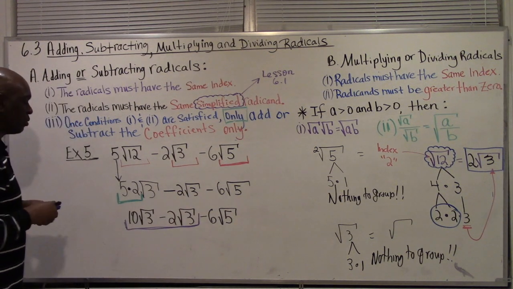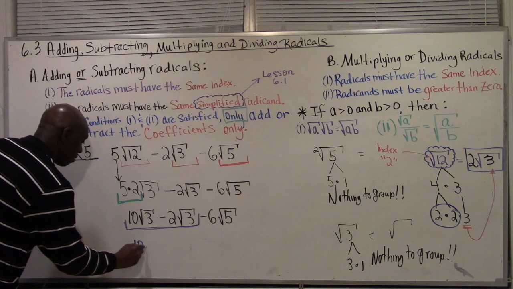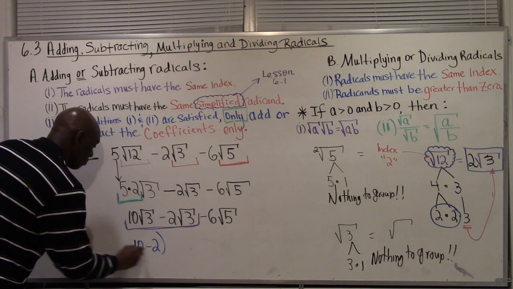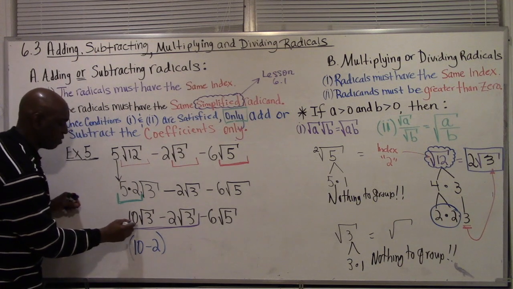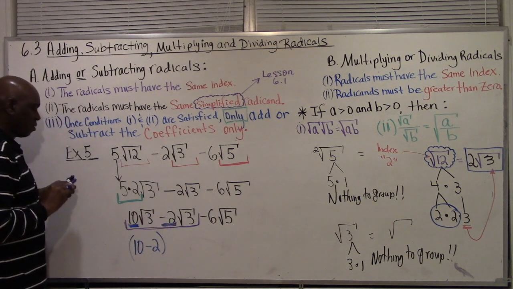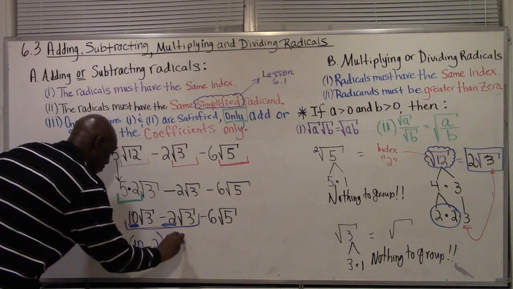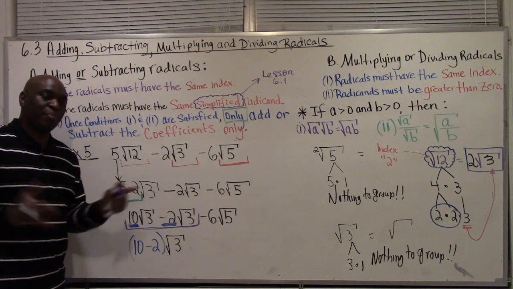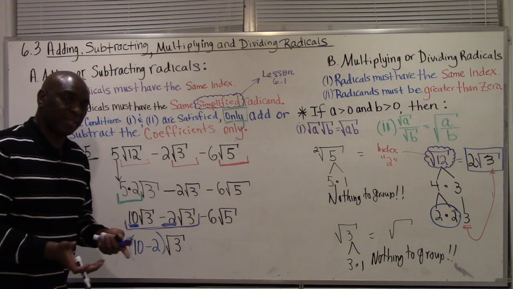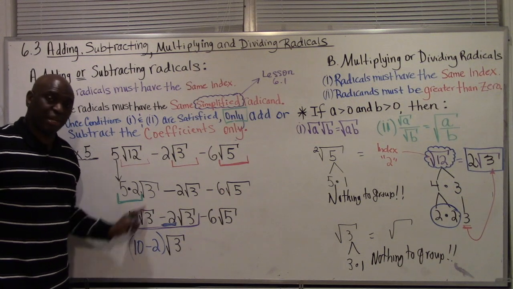So what you want to do, you want to take 10 minus 2. See? 10 minus 2. Bring down the square root of 3. See, that's how you combine through adding and subtracting. Only the coefficients is the operation. Bring down the radical.